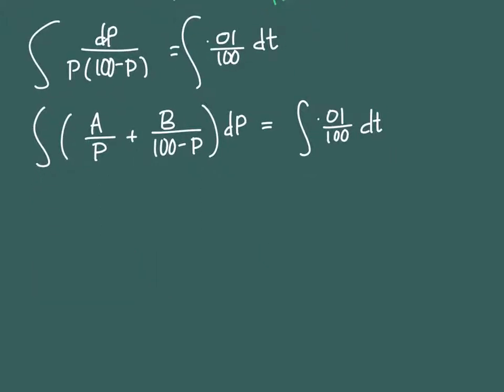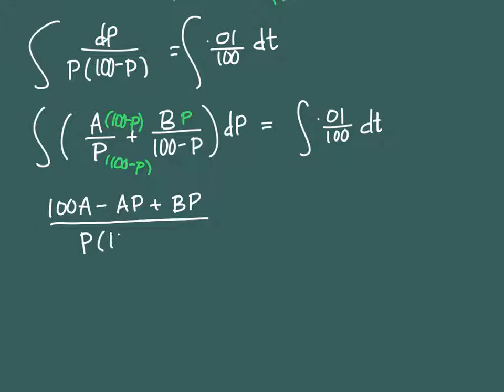So we'll multiply A by 100 minus P, and then we'll multiply B by just P. So we'll have 100A minus AP plus BP, all over P times 100 minus P. So I'm doing my partial fractions.